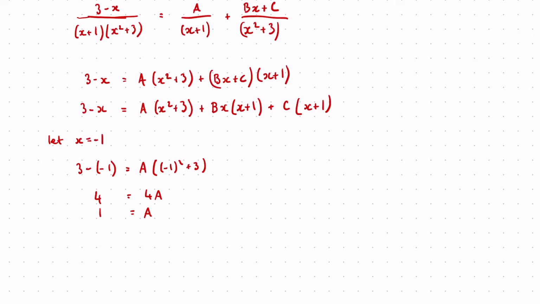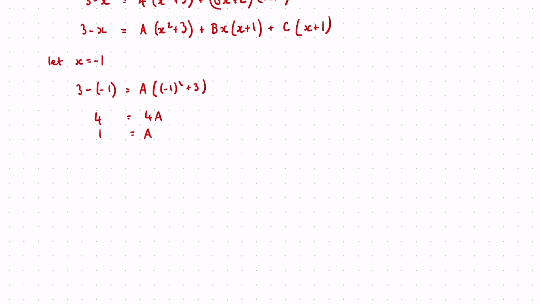Now I need to get rid of one of my other terms, so I'm going to get rid of the B term by making x 0. That'll cancel that out. I know A is 1 now, so I can use the substitution of A is 1 to solve. So let x equal 0.